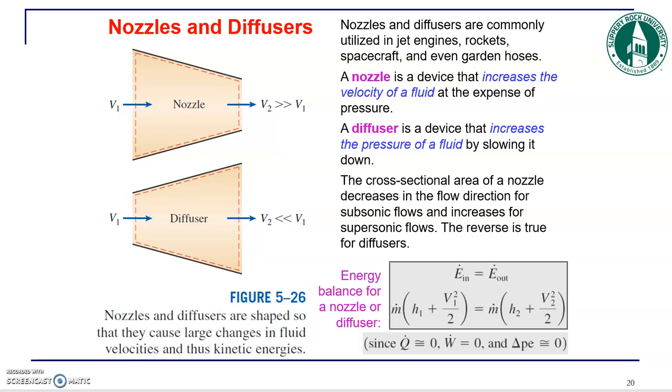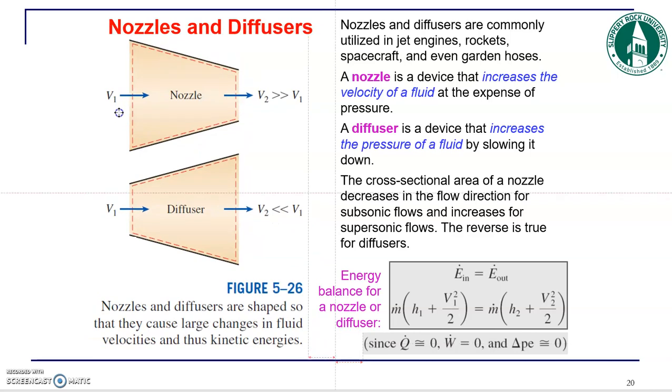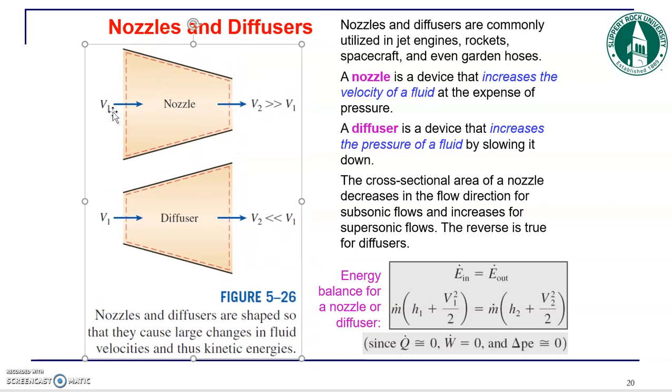So if you look at the picture on the left, you can see that the fluid can enter from the left side with a velocity v1 and then it can exit from the other side with much higher velocity. So there is a velocity change happening here, and this velocity change should be such that the exit velocity is much higher than the inlet velocity, and that is called a nozzle.